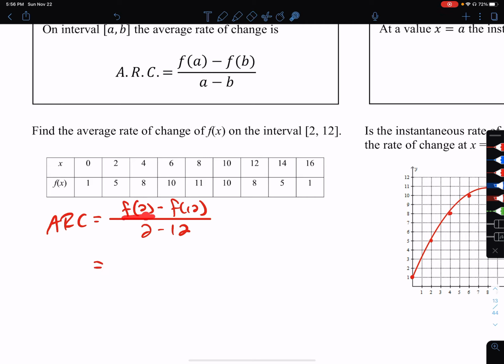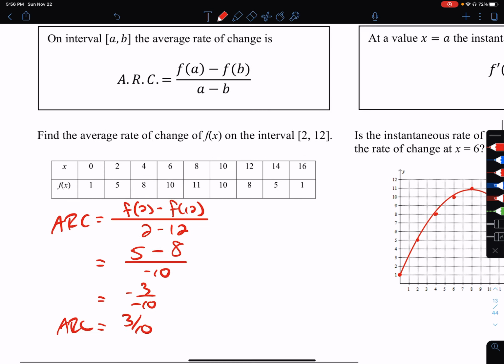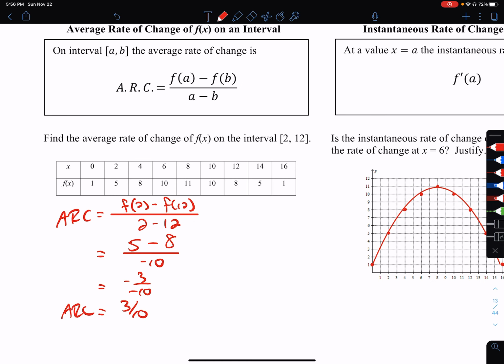If I look at my table, f of 2 is 5, f of 12 is 8, and 12 taken away from 2 is negative 10. This is going to be negative 3 over negative 10. The average rate of change is 3 over 10. It's like you're driving in a car. The average speed this person went was 0.3 of a mile per hour.